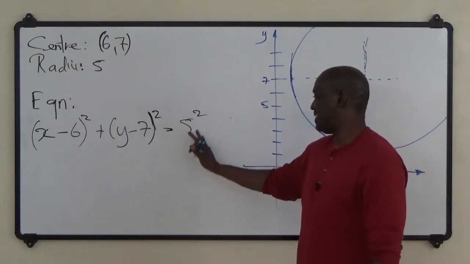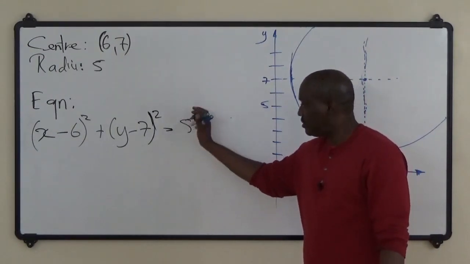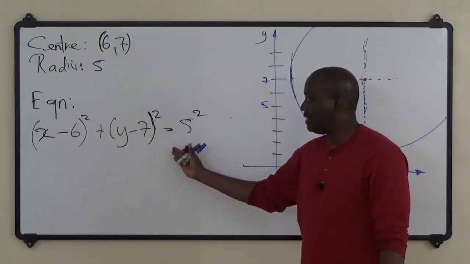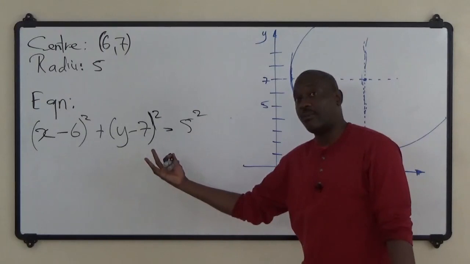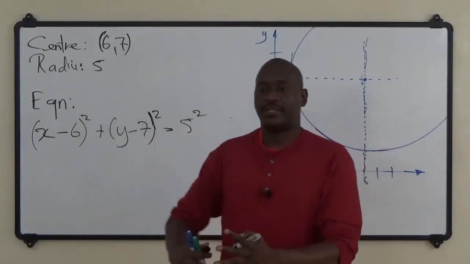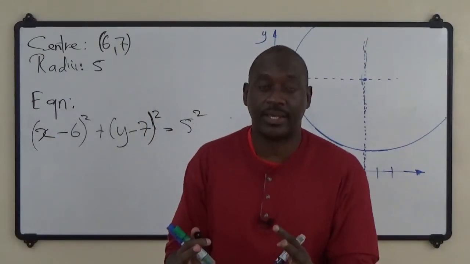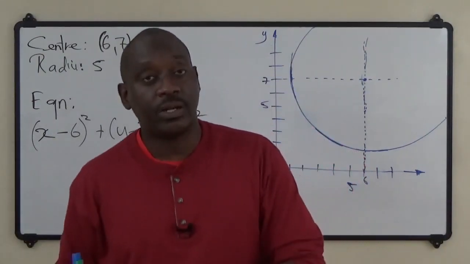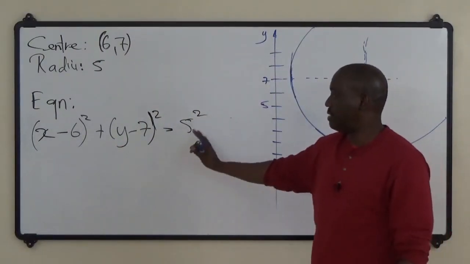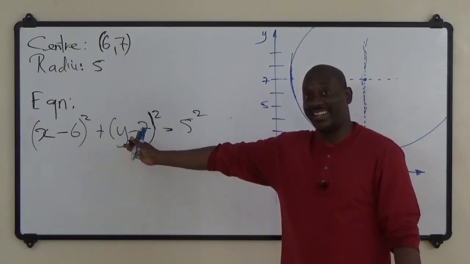Now you could choose to put this as 25 if you want, but I will leave it like this just to reinforce the point in terms of it following the general form x minus p all in brackets to be squared plus y minus q all in brackets to be squared being equal to r squared. Your problem done right there.